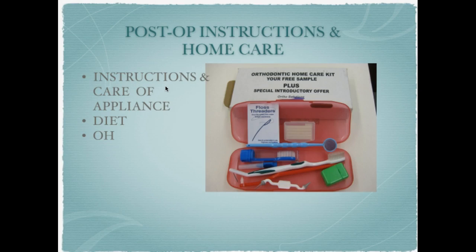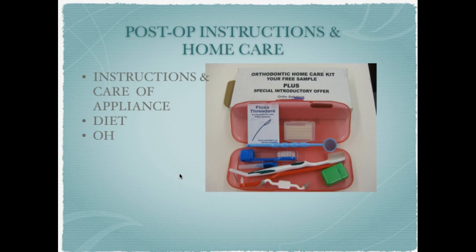And then, of course, oral hygiene is very important, and so some offices will give the patient an oral hygiene kit. They may have additional hygiene aids, rubber tip stimulators, floss threaders to be able to floss teeth around these various wires. Maybe it has some wax in case they have a situation where a wire starts to poke them, maybe on a weekend, before they can get to the orthodontist's office and get some relief.